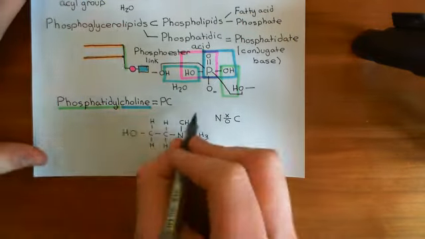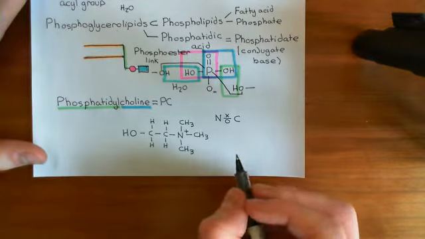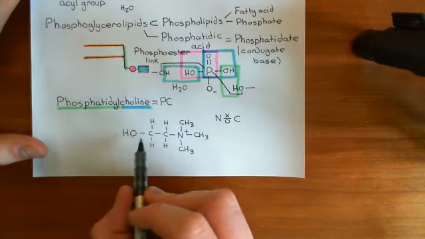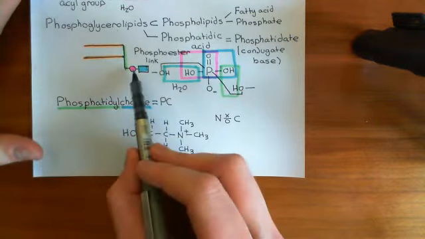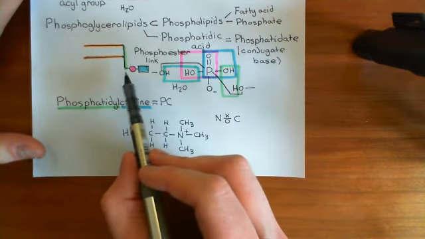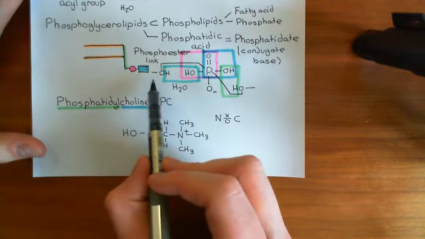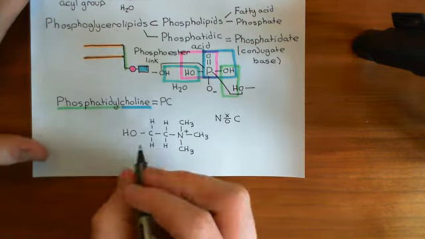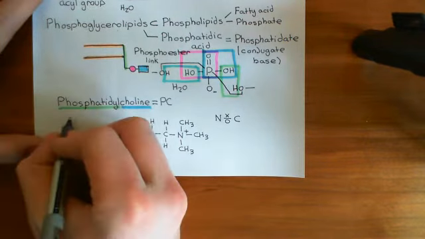So, the whole choline molecule then does have a positive charge. So what you're going to do is link this choline molecule onto the phosphate group of a phosphatidic acid molecule via a phosphoester link, and that will create you phosphatidyl choline, often abbreviated as PC.